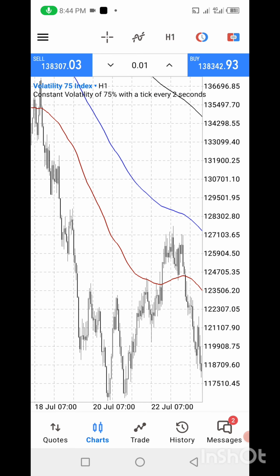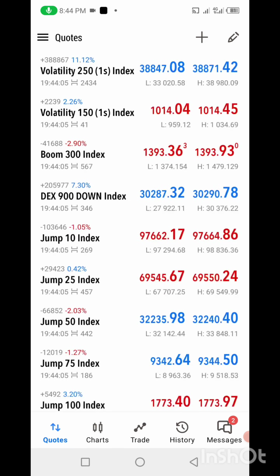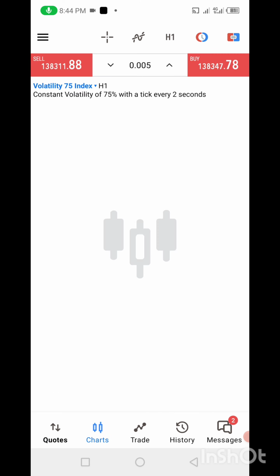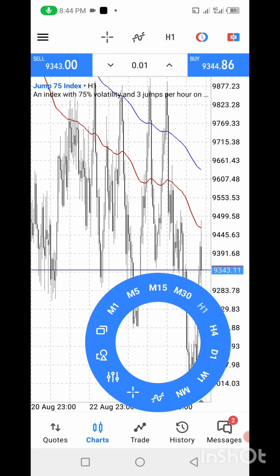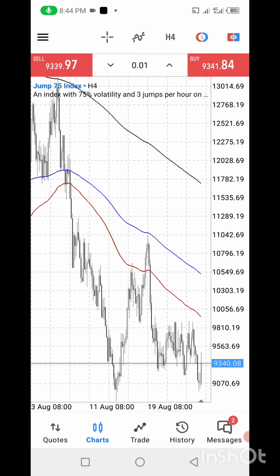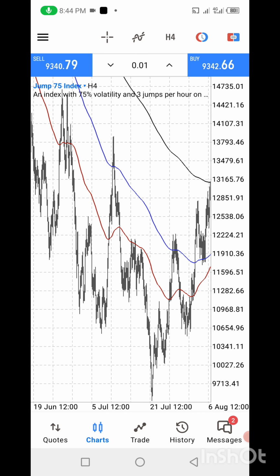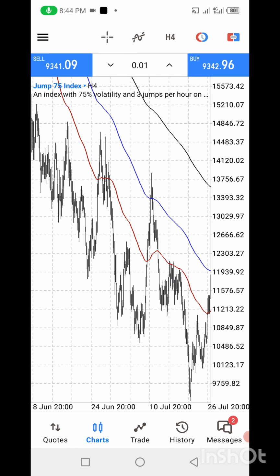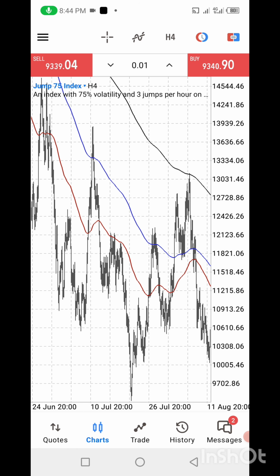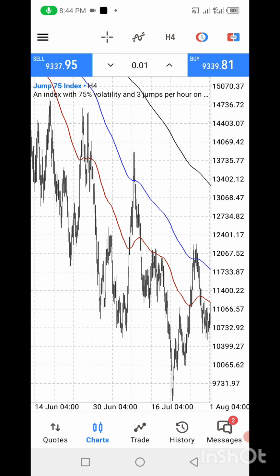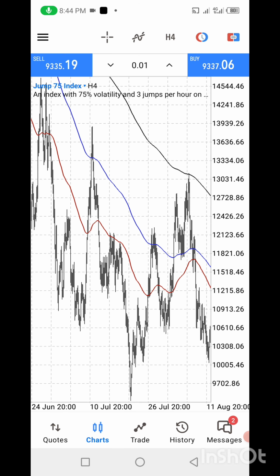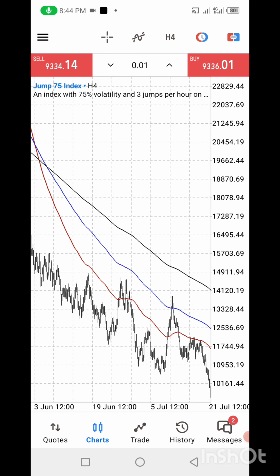Let's check some other assets like the Risk Index. Let's use H4 as the time frame. Basically, the market is in a downtrend because the price action is below the moving average loops.